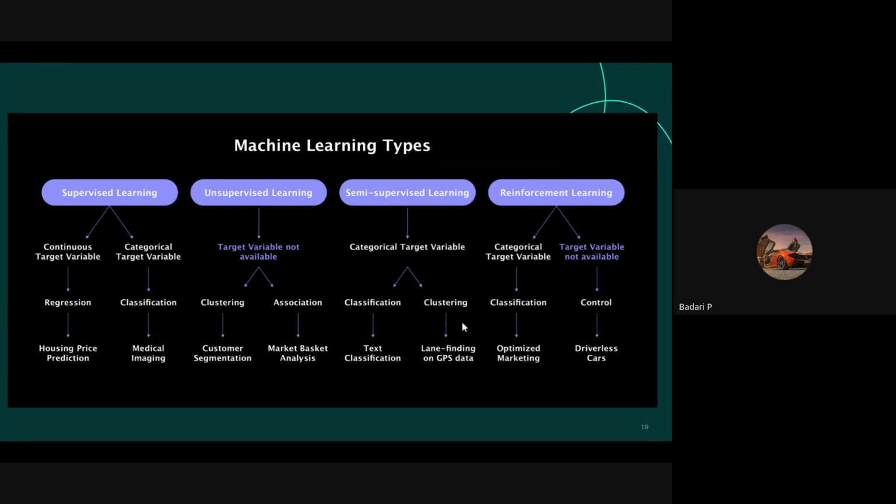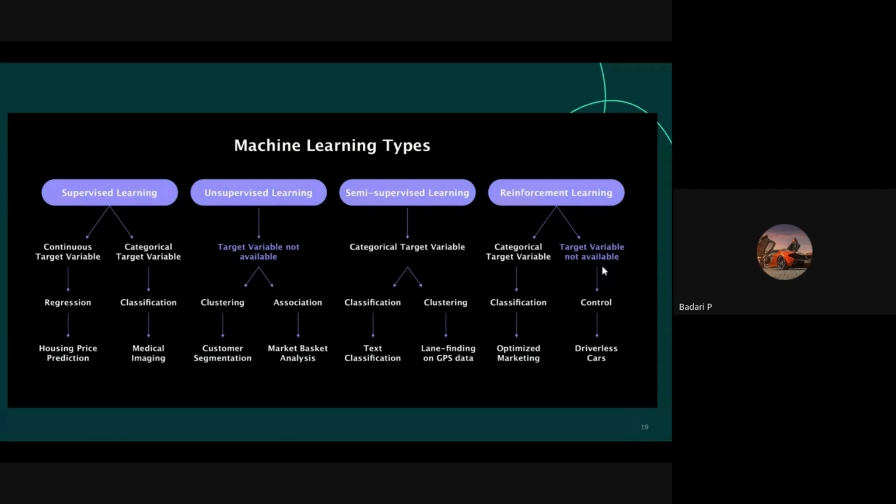And next, coming to semi-supervised learning, here also classification and clustering. This is text classification and lane finding on GPS data clustering. For Google Maps or any GPS-related, we will use this, and GIS applications are there. On that also you'll use clustering. Next, coming to reinforcement learning: classification, control and optimized marketing and driverless cars. Control: target variable not available.